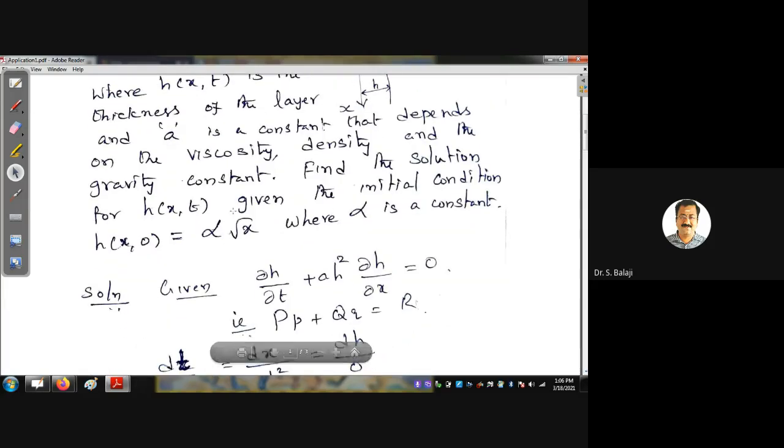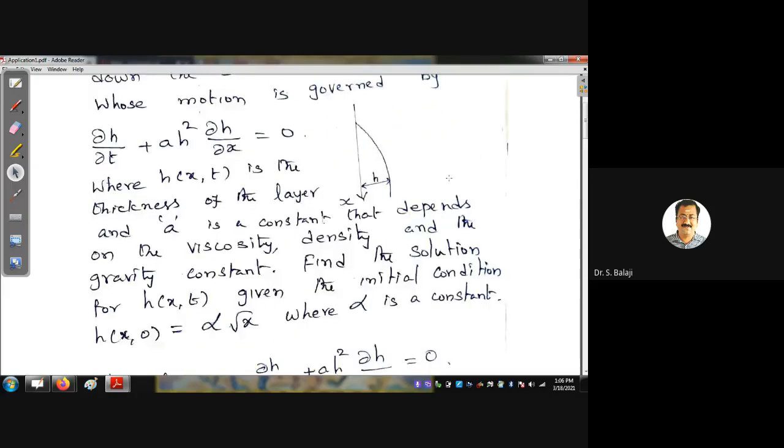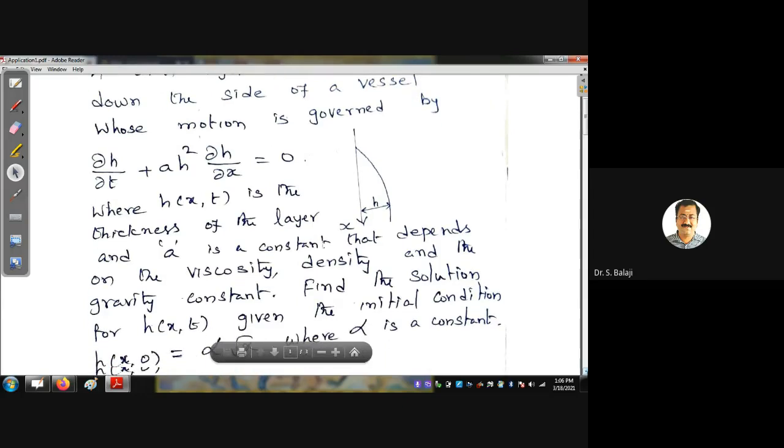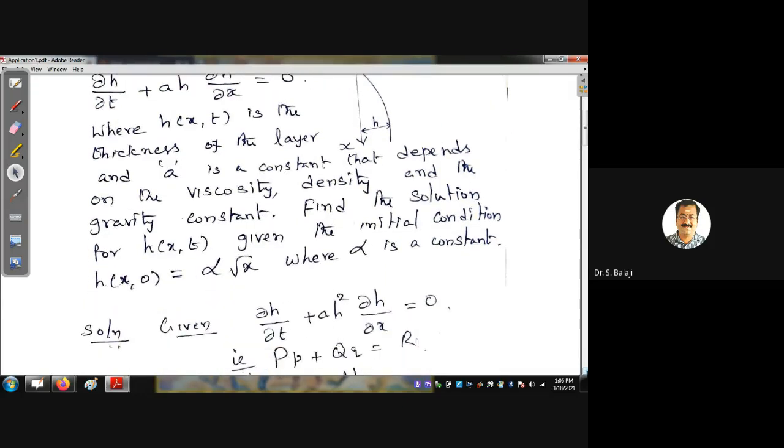And find the solution for h of x comma t, given the initial condition. h of x comma t is the thickness of the layer, and a is a constant here.